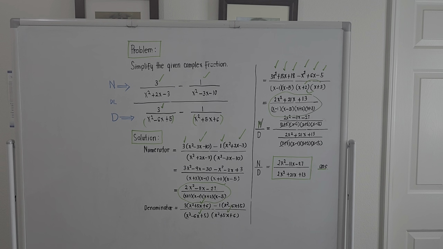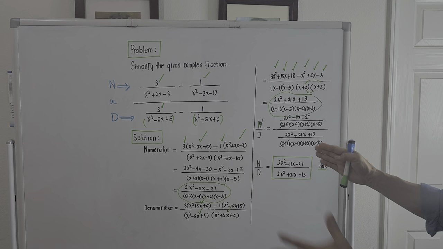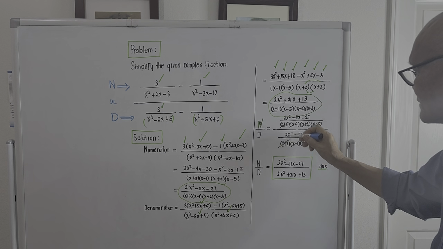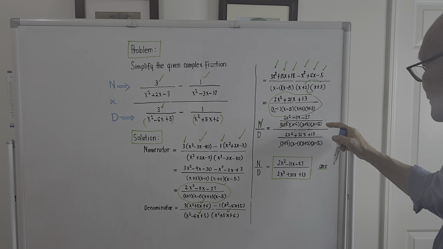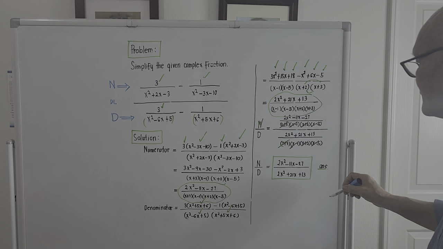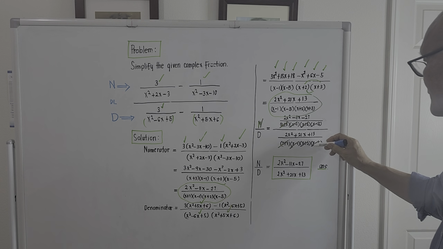So actually, we could cancel similar terms for both the numerator and denominator. Denominator, denominator. So the operation is multiplication, right? So x plus 3 cancels. They are both denominator. x minus 1 cancels. x plus 2 cancels. x minus 5 cancels.